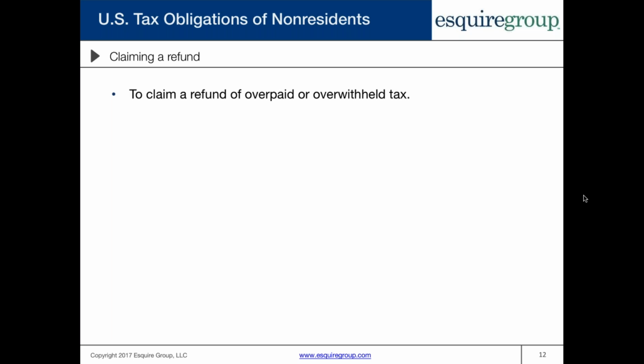He qualifies for reduced 15% withholding, and let's say for whatever reason the U.S. corporation withheld 30% rather than the 15%. That German resident, who was a non-resident to the United States, could file a Form 1040-NR claiming that treaty benefit and the reduced taxation rate of 15%, and then would receive a refund of the over-withheld 15%.